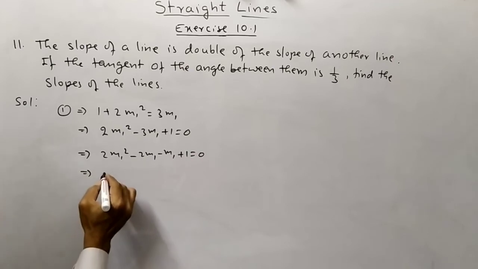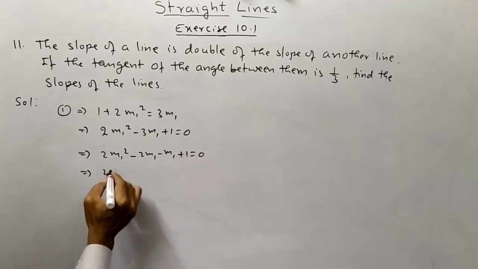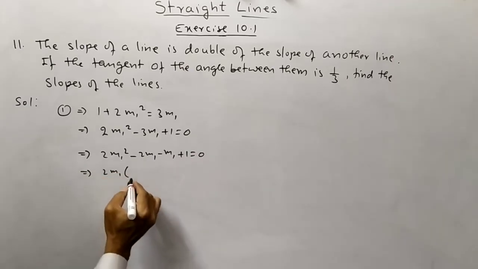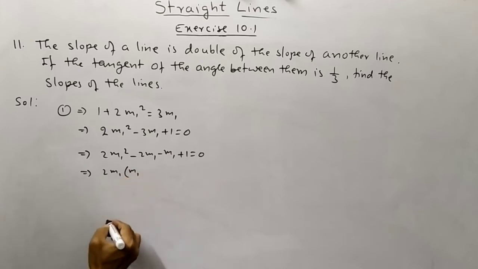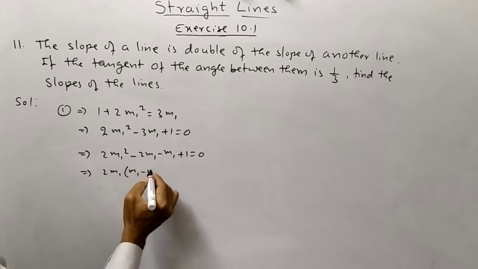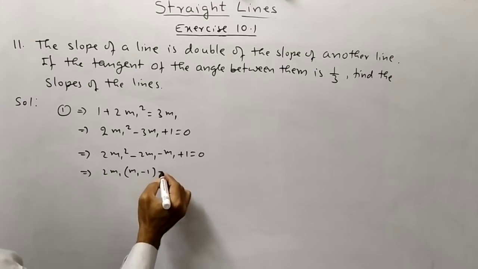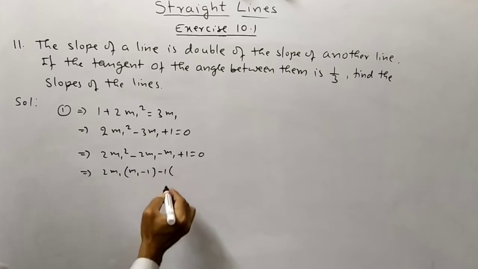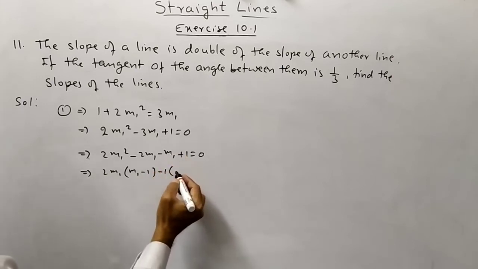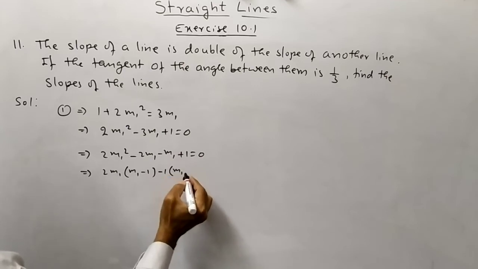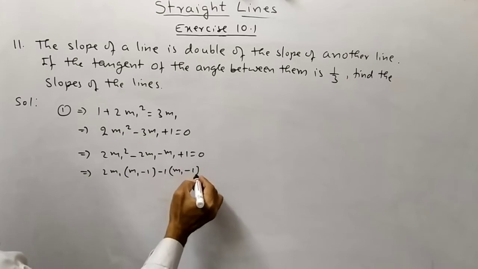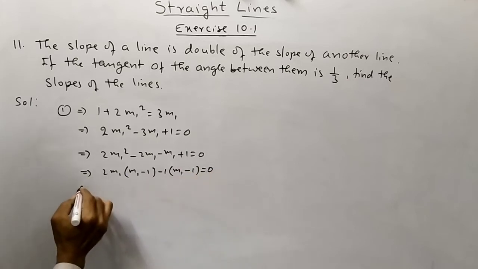When you take 2m1 common from first two terms, we will get (m1 minus 1), and when you take minus 1 common from next two terms, then we will get (m1 minus 1) is equal to 0.